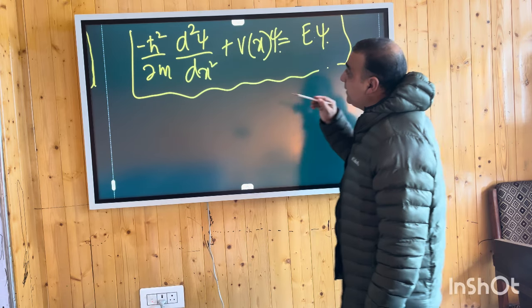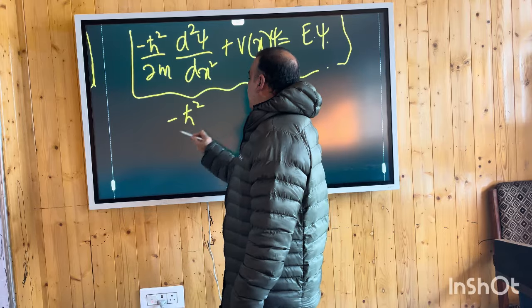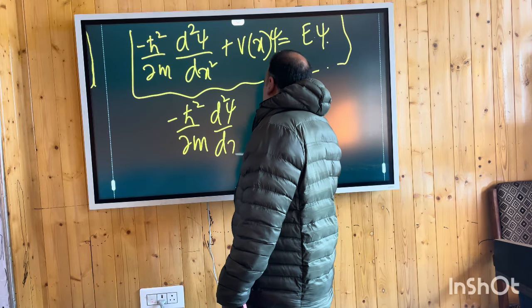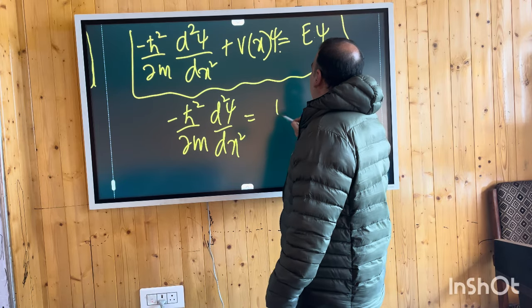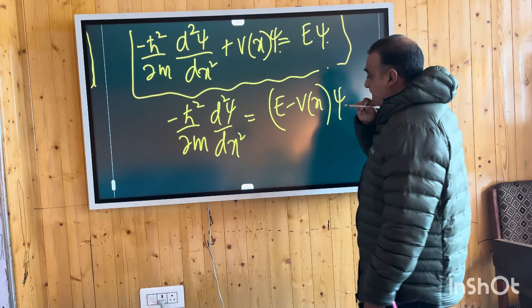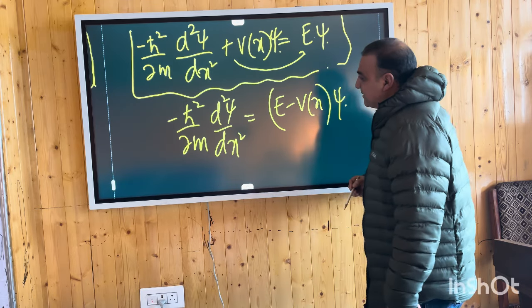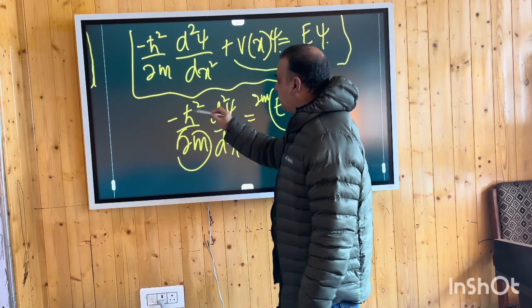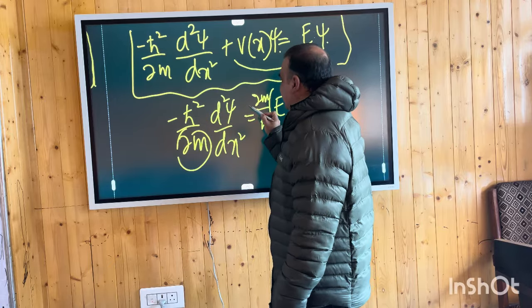And what we can do here is re-examine this as minus h bar squared by 2m, d2 psi by dx2, equals E minus V of x psi, because I'm just transferring this V of x to the right hand side. Now this 2m will come here, this h bar square will go down, and the minus will come on the other side.